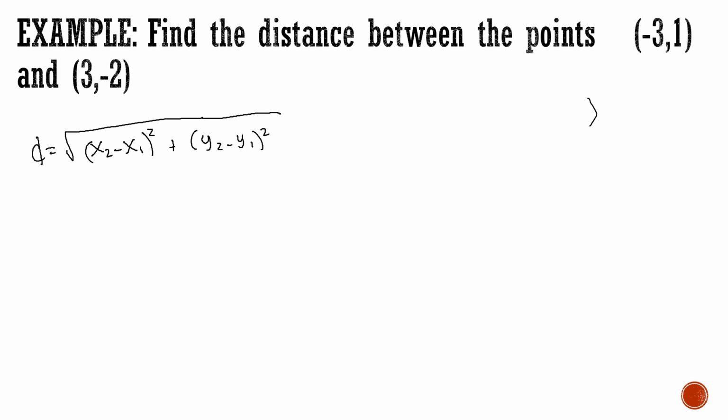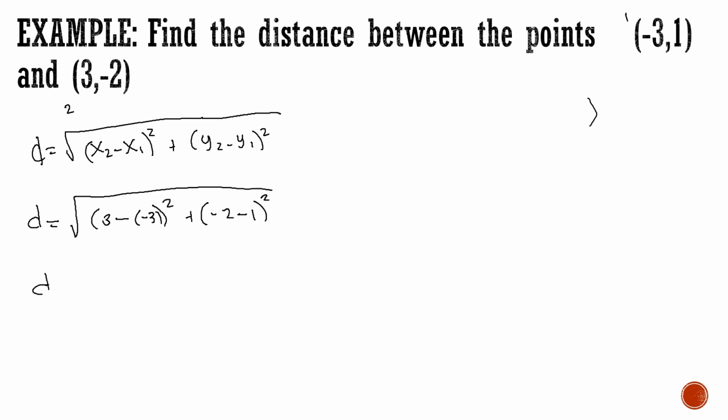Now, let us call this as our point 2 and this is our point 1. Therefore, d is equal to the square root of, so we are having x2 which is 3 minus negative 3 quantity squared and then plus y sub 2 which is negative 2 minus y sub 1 which is 1 quantity squared.